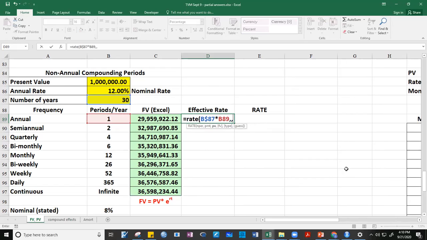The present value is this one, and I make it negative and fix it, since we will copy the formula down. And the future value is this one. Take a look at this formula.